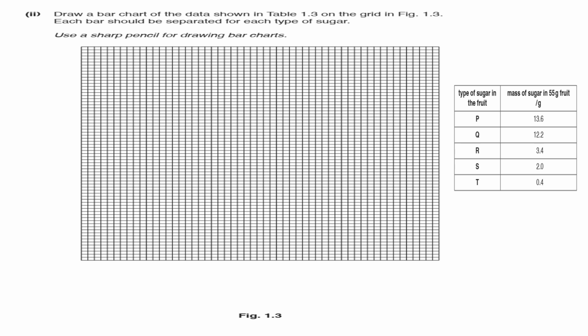Okay? So on the x-axis we have to put type of sugar in the fruit. It's the independent variable. What about mass of sugar in 55 grams of fruit on the y-axis? It's dependent on the type of sugar. Okay?